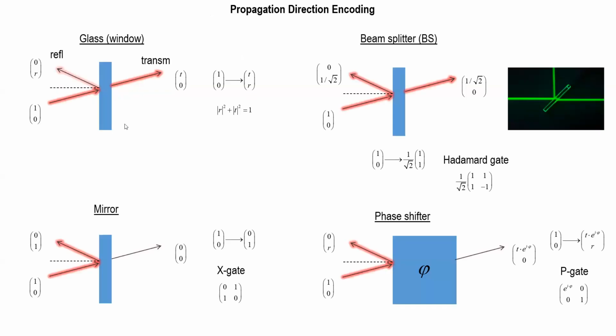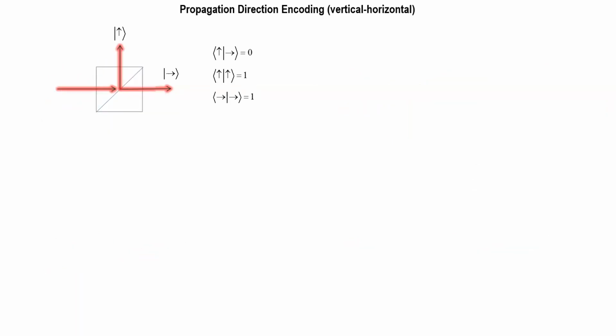Working with left-right propagating beams is not feasible, and it is much more feasible to work in the horizontal-vertical domain, right? So for example, if I consider a beam splitter like this, it could be a cube composed of two prisms, right?